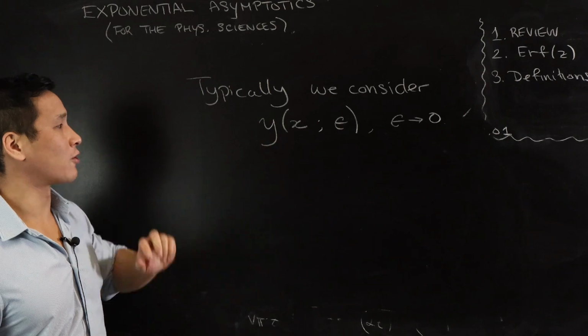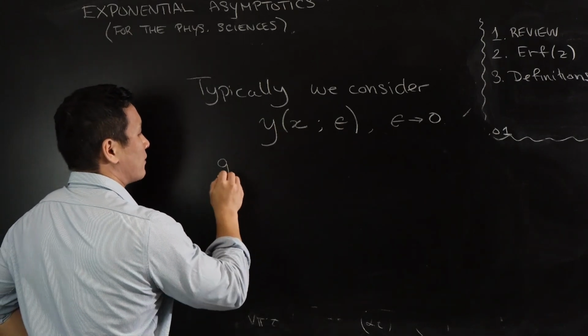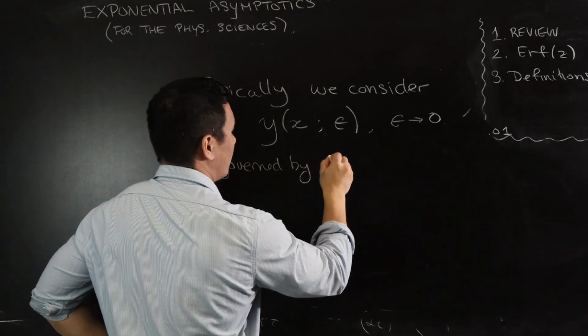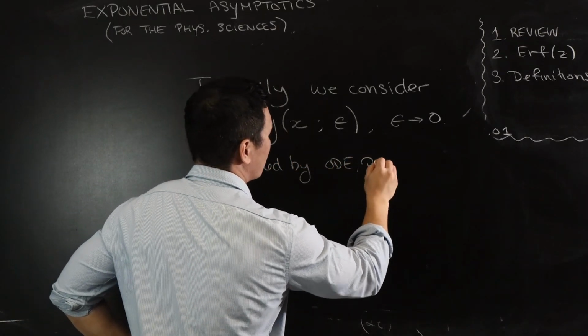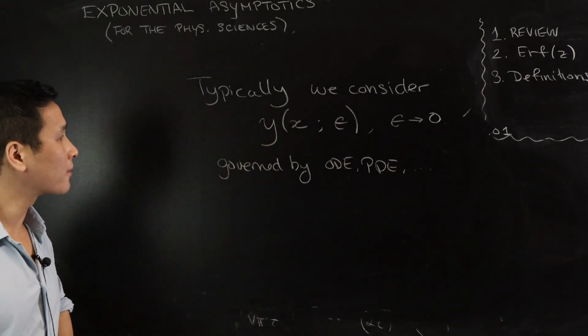But usually for this course, we think of a function like this, and it might be governed by an ODE or a PDE or an integral equation, etc. So that's the kind of problems that we consider.